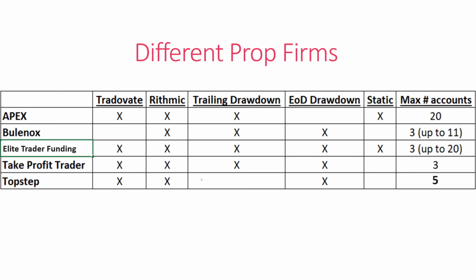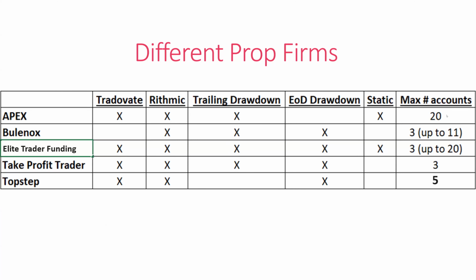All right, so this is just the different platforms that I do recommend, because these are the ones that I do have experience in and have gotten funded accounts. So if you were to get Apex, Apex does offer Tradeovate and also Rhythmic, but they only offer trailing drawdown. And I'll cover the trailing drawdown and end of day drawdown and static drawdown in the next few slides.